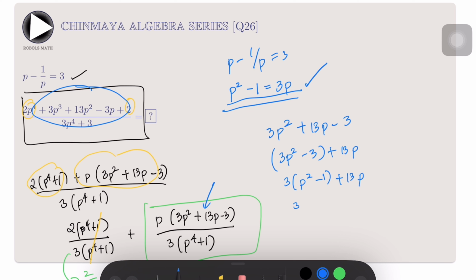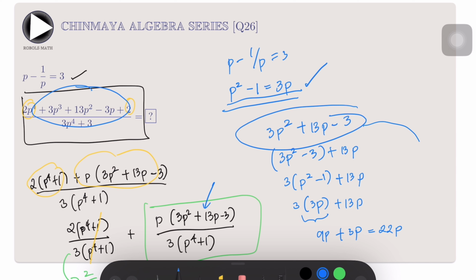So this thing here is equivalent to 3 times 3p plus 13p. This becomes 9p plus 13p, or simply 22p. So this thing here is equivalent to just 22p, given the equation for p.